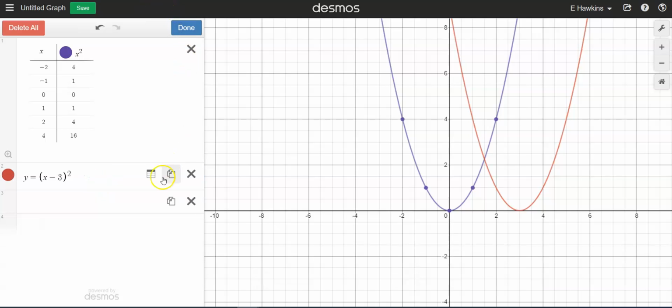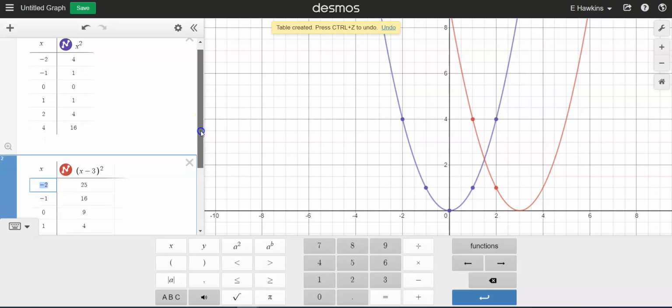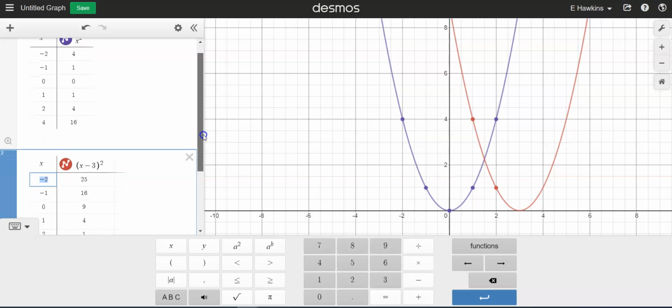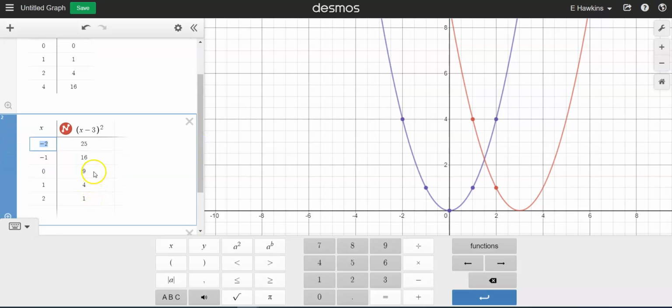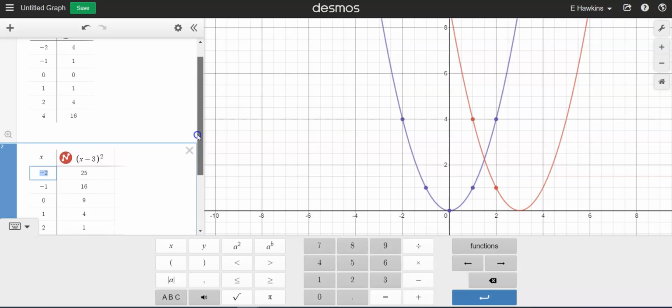So again, if we compare the tables, notice we still have the same values we would if we were squaring, but we have (2, 4) here, (1, 4) here.